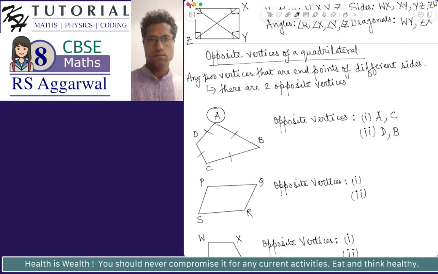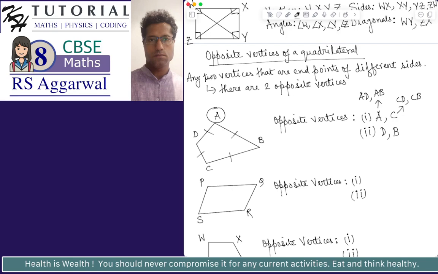Similarly, the vertex D is endpoint of the side AD and DC. So this vertex A is endpoint of AD and AB, whereas vertex C is endpoint of side CD and CB. So they are endpoint of different sides, so they are opposite vertices.